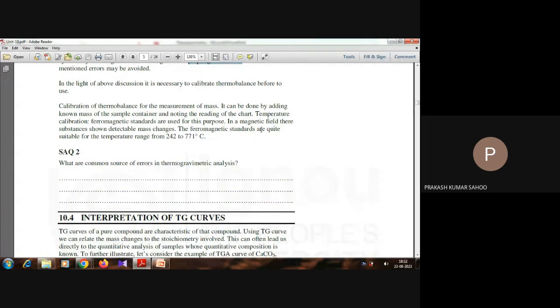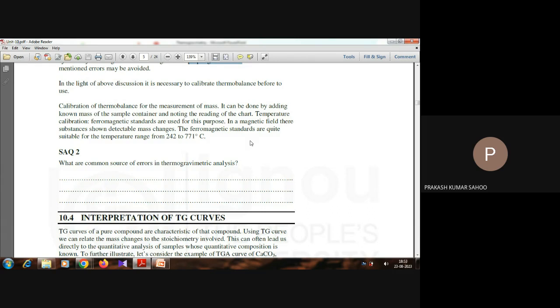Then calibration of the thermobalance for the measurement of mass can be done by adding a known mass to the sample container and noting the reading of the chart. For temperature calibration, ferromagnetic standards are used.